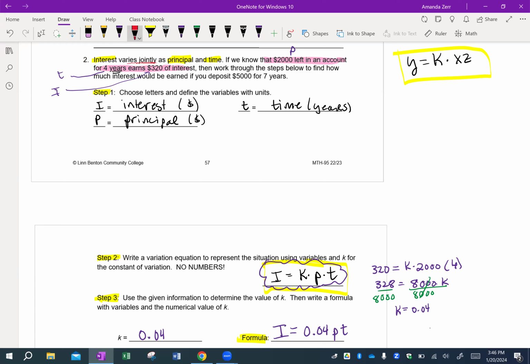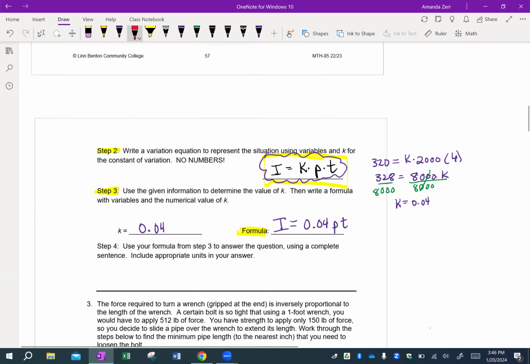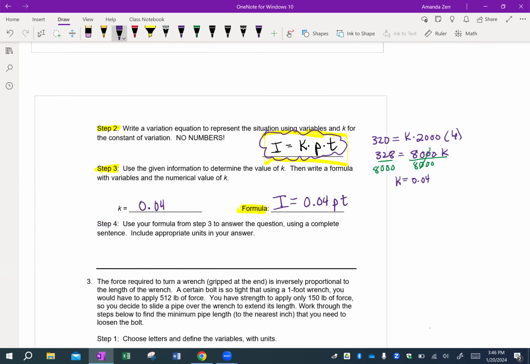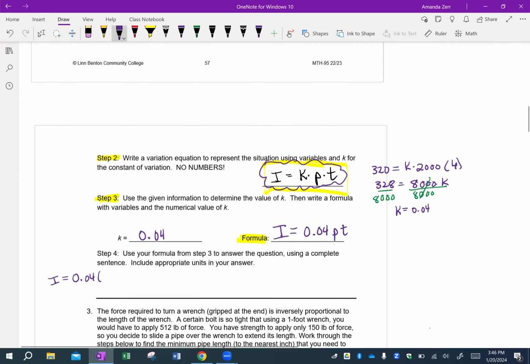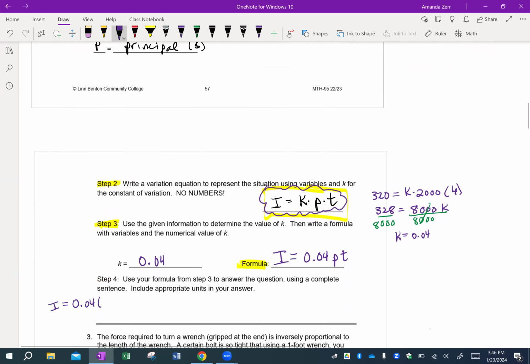And finally, in step 4, I get to solve. And the question is, find how much interest would be earned if I deposit 5,000 principal for 7 years. Okay, here we go. So interest is going to be 0.04 times my principal, which is, oh, I just forgot it, 5,000 for 7 years.